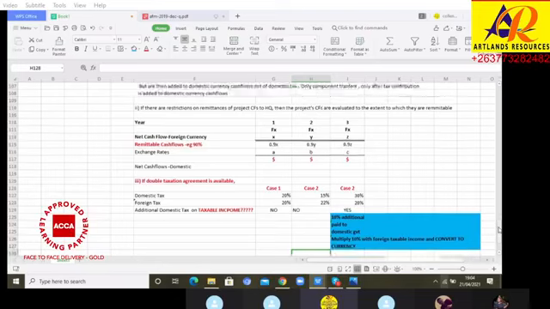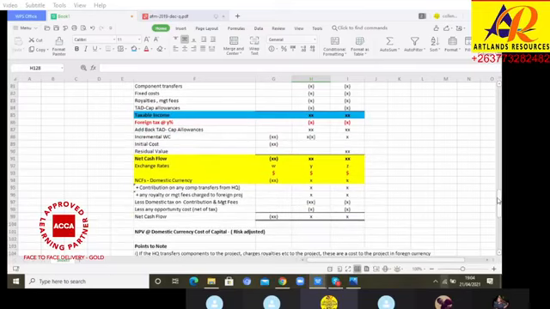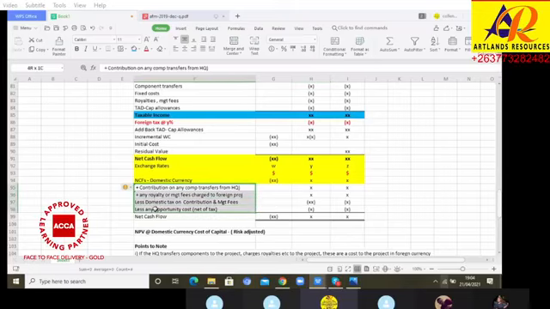After you have come up with something like this, a good question to ask is, where do I put additional domestic tax? Do I put it on cash flows whilst they are in foreign currency, or in cash flows whilst they are in domestic currency? Clearly, this is additional domestic tax, so it is recorded when cash flows are now in domestic currency. So in this area here, you then have to insert additional domestic tax, if there's any.